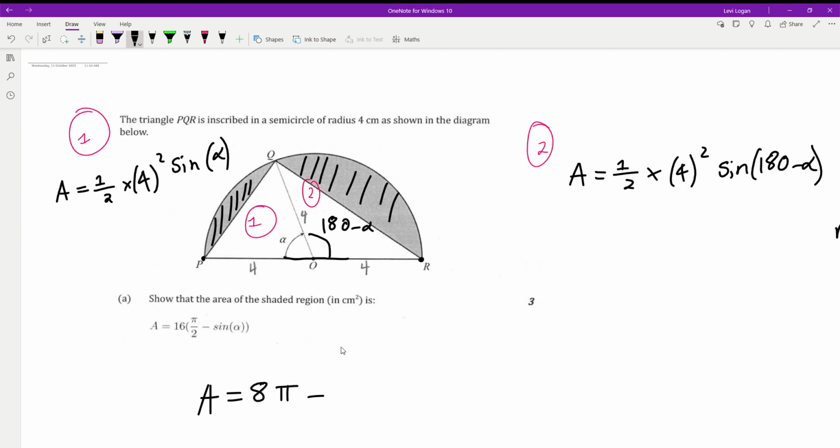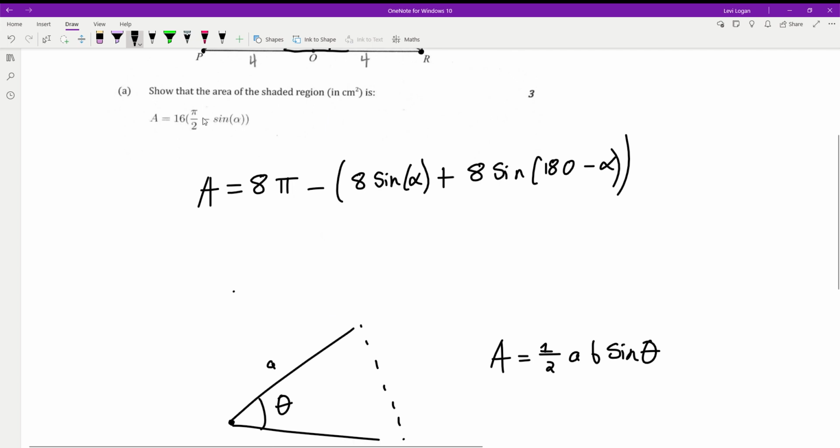So the area of the shaded region is the area of the semicircle minus the sum of the triangles, which in this case will be 8 sine of alpha plus 8 sine of 180 minus alpha.